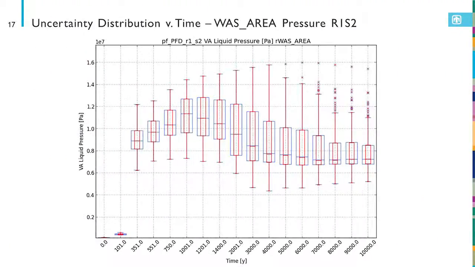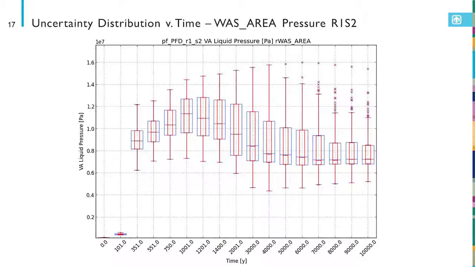So another way to compare the two codes is just to look at the uncertainty distributions across the replicates. And here we're looking at volume average liquid pressure as a function of time in replicate 1, scenario 2 in the waist area. So this is the same horsetail plot that I showed you earlier, but this time it's plotted as uncertainty distributions.